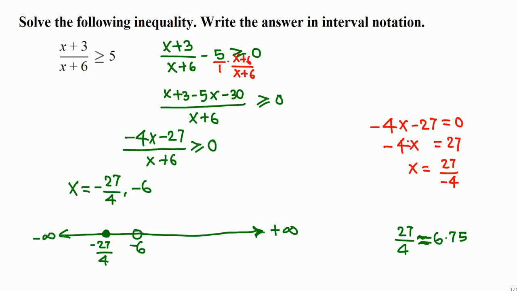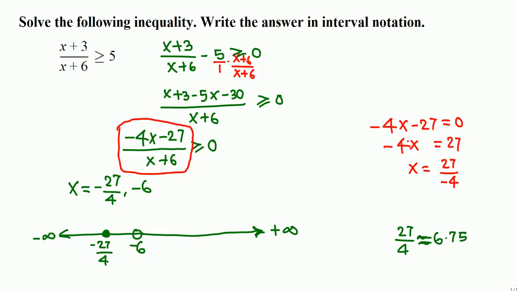Now we test these three intervals: negative infinity through negative 6.75, negative 6.75 through negative 6, and negative 6 through all the way to infinity. For that, we pick a representative from each interval and plug it into this fraction, and we want this fraction to be bigger than or equal to 0.